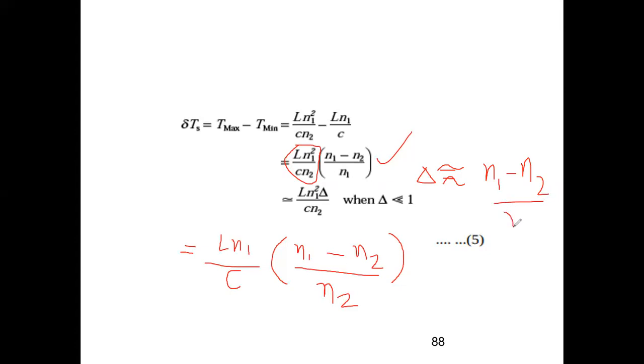There is very little difference, so whether I divide by n1 or I divide by n2, it will not make much difference in the value of delta, and that's why it is an approximation. So what I get in this particular formula, when I substitute, delta tau s, I get it as ln1 upon c into delta.